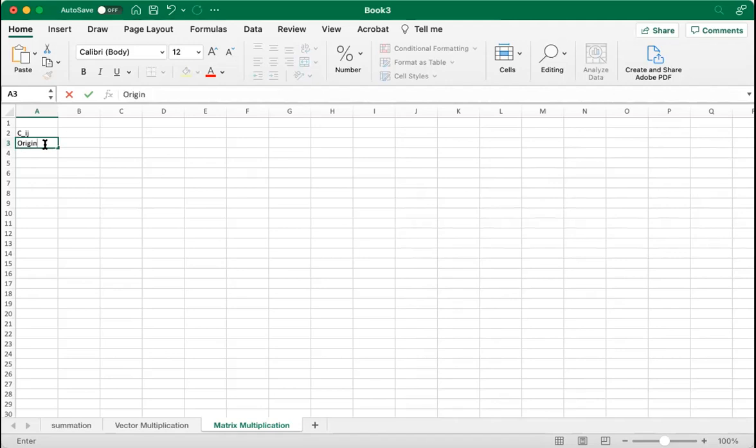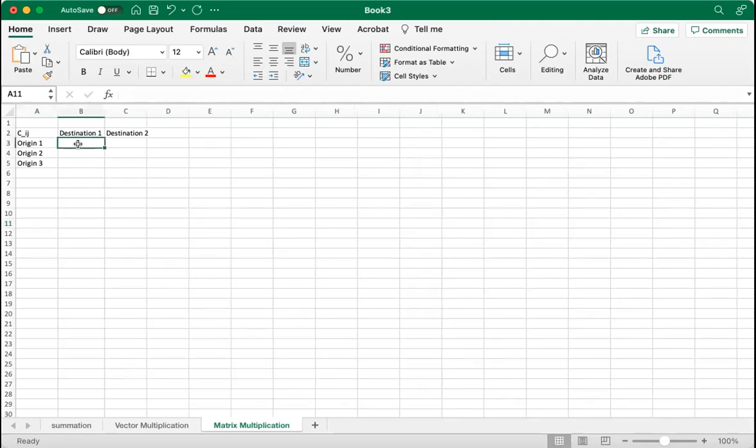So let's just stick with the word origin 1, origin 2, origin 3. And then we have destination 1, destination 2. Oh, that's it, 2 destinations.